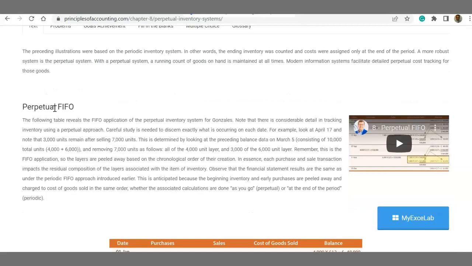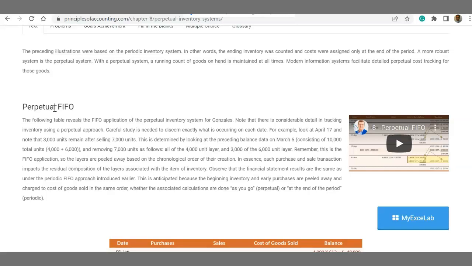You can have perpetual FIFO. You can have, let's say, perpetual average. Normally, you don't use perpetual for LIFO. If you want to use LIFO, that means you're going to do periodic. So for LIFO, we do periodic: LIFO periodic, weighted average periodic, or FIFO periodic.